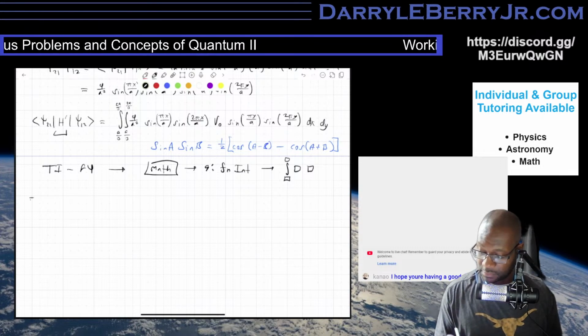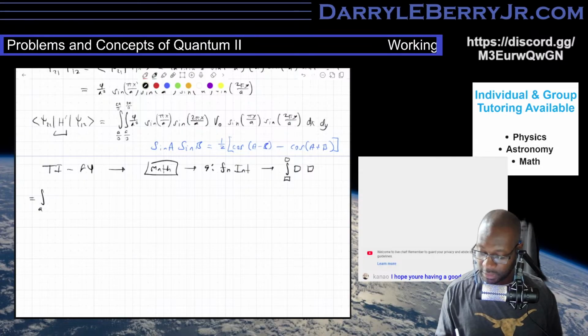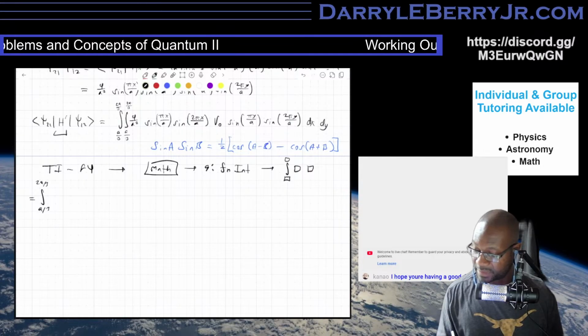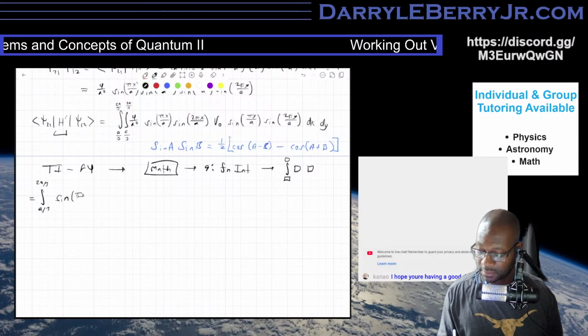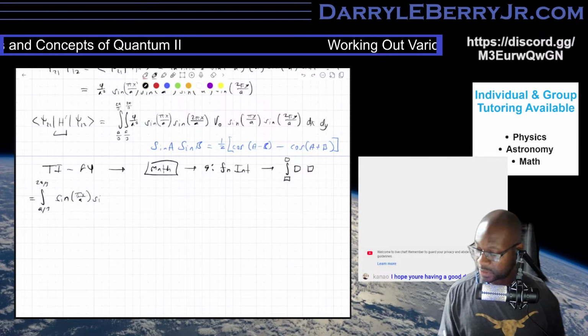So I'll do integral a over 3 to a over 3. And I should be able to separate these integrals since they're not... Oh, hold up. Just the separation.